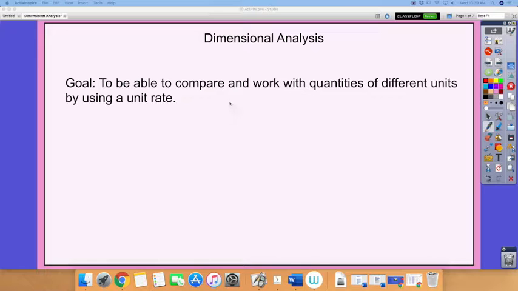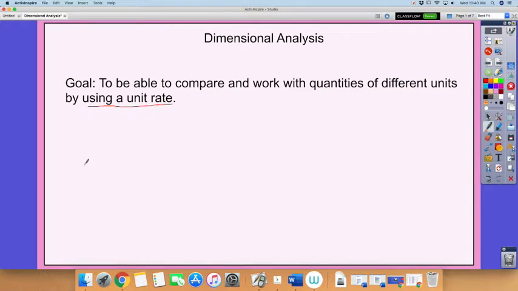The goal of this video is to be able to compare and work with quantities of different units by using a unit rate. So what that means is we might take something like 600 seconds and another quantity of 5 minutes, and we're going to use a unit rate to change seconds into minutes so that we can compare.